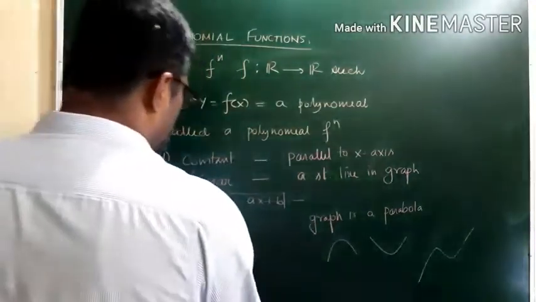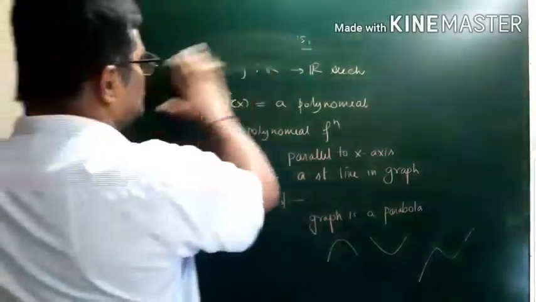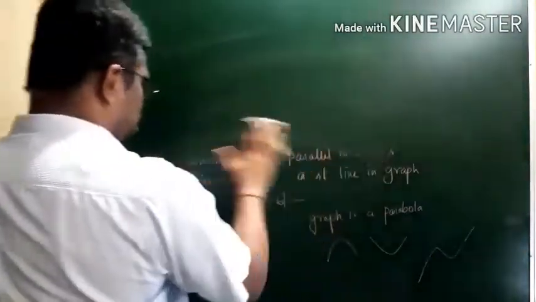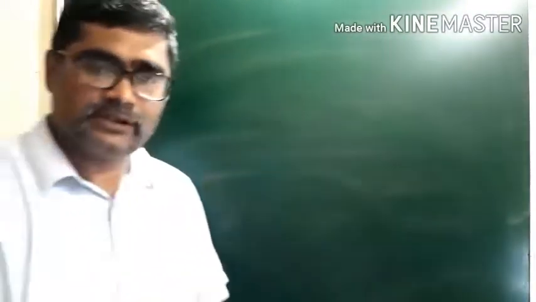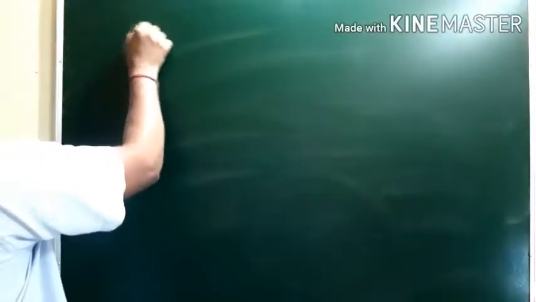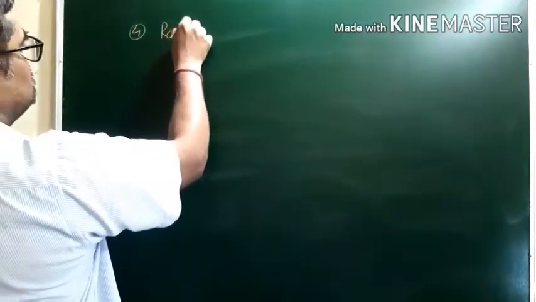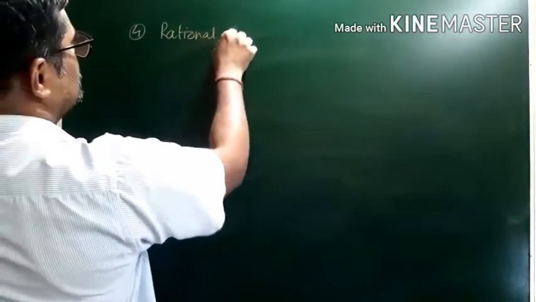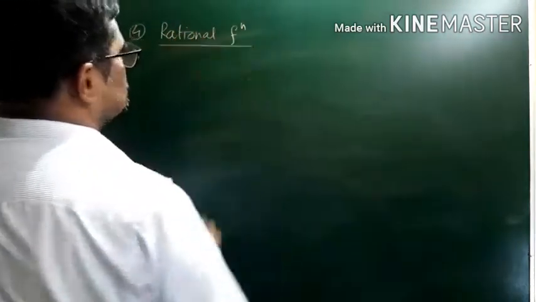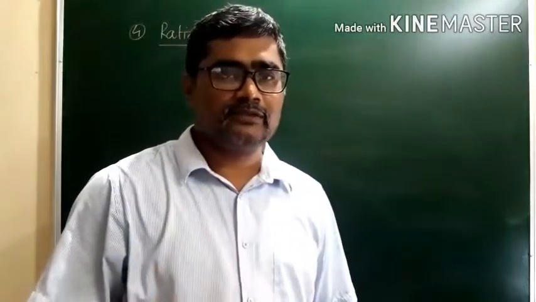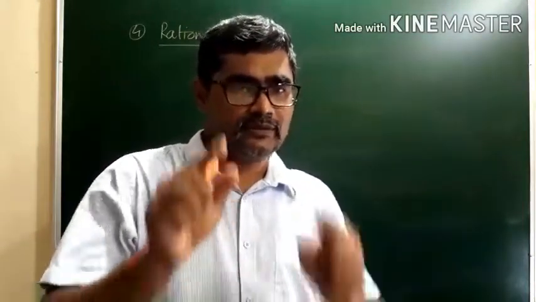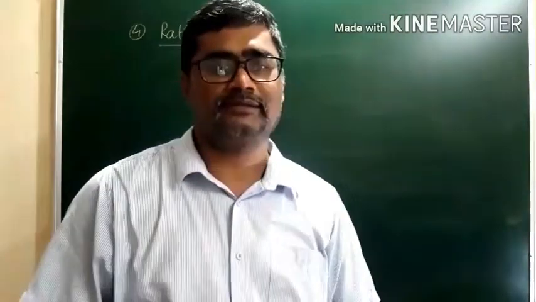So this is all about the polynomial function. After that, we will come to rational function, number 4. Rational function means it is of the type of division of two polynomials.